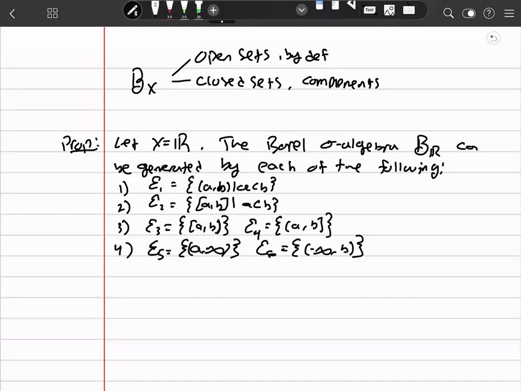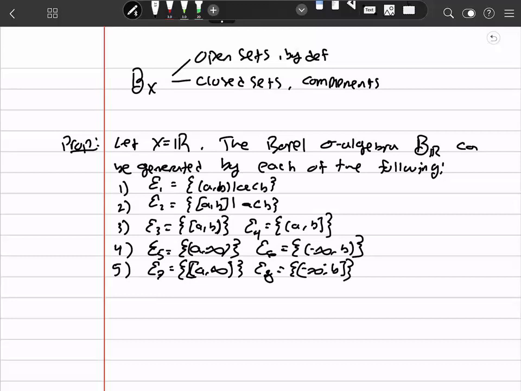Right, and the last generating set that we can have for the Borel sigma algebra are going to be the closed rays. So these are all possible generating sets.